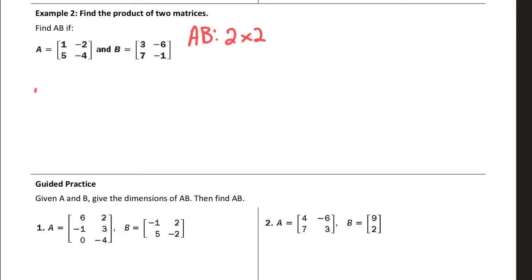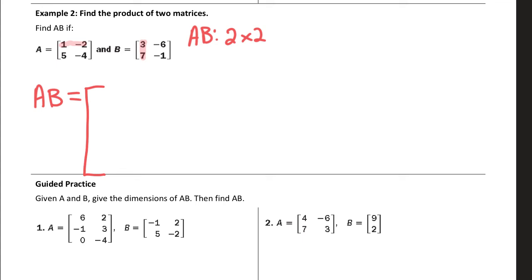So when we multiply A by B, we're going to multiply the first row of A by the first column of B and add them together. So I'm going to do a little bit of highlighting here, using my pen. So my first row times my first column of B.